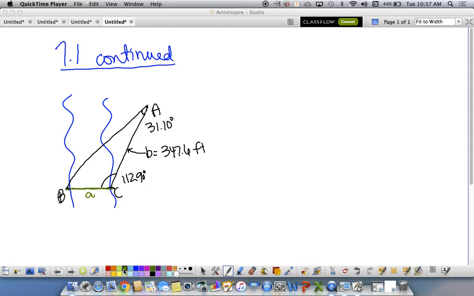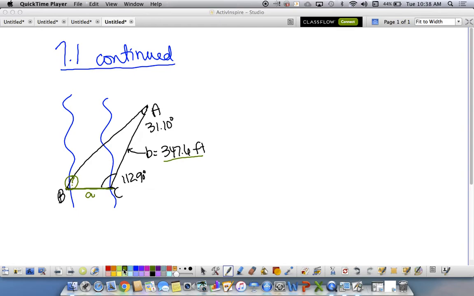He's found a side. The biggest question is, can we solve for A immediately? Do we have one of our ratios, a side divided by sine of an angle? Do we have an angle and a side opposite it? We do not. So what should we find? We only have one side given to us. Should we find the angle opposite that side? That should be the first thing you do.